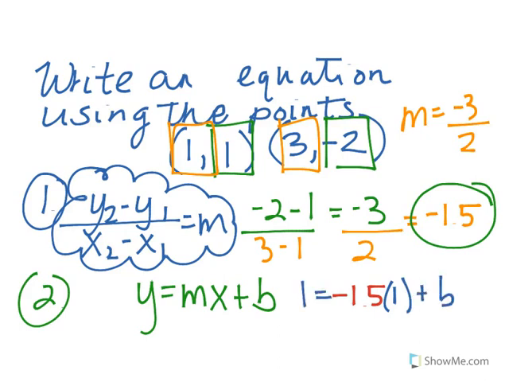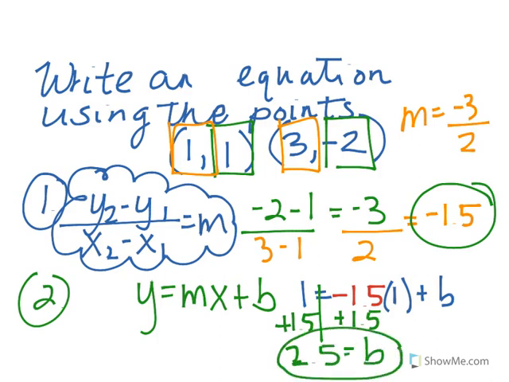Okay, and then now you have to add 1.5, because negative 1.5 times 1 is just going to give you a negative 1.5. So you add 1.5, add 1.5. 1 plus 1.5 is 2.5. So your b is 2.5.